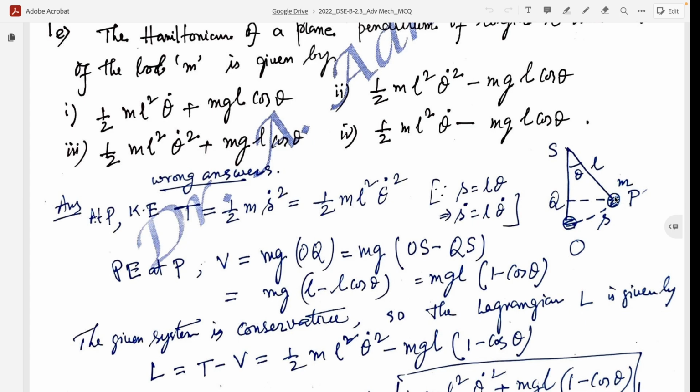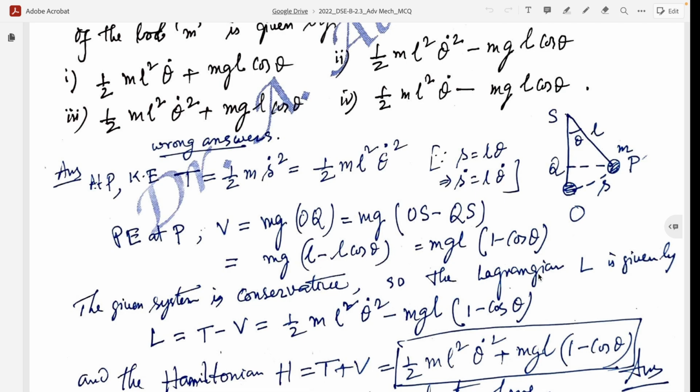And at this point P, potential energy V equals m g times height OQ, the vertical height of the position P from the mid position O. So OQ means OS minus SQ. OS is L, the length of the pendulum, and QS equals L cos θ, because from this right angle triangle SQP we get QS by L equal to cos θ. So V equals m g L (1 minus cos θ).